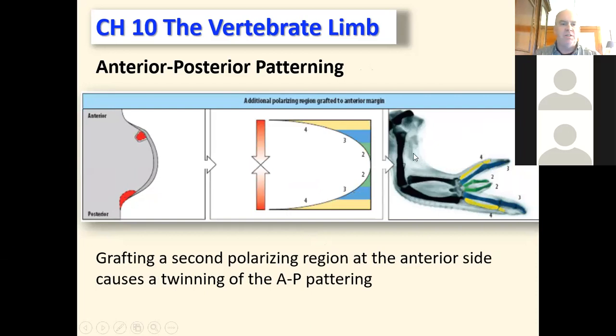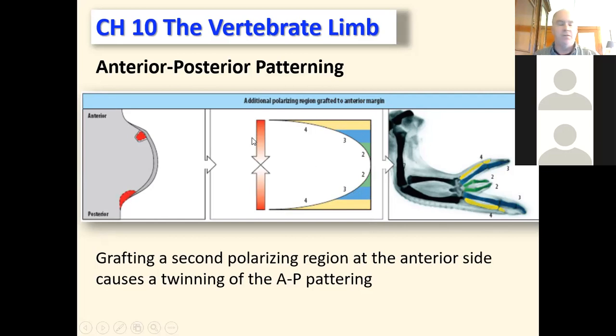And here's some experiments that show that. Take some of this area from a different embryo and put it out here, and now you've got two gradients of hedgehog, and so you end up with a twin wing. So you've got your posterior side over here, which is being induced by this, and a posterior side over here, which is being induced by the endogenous ZPA.